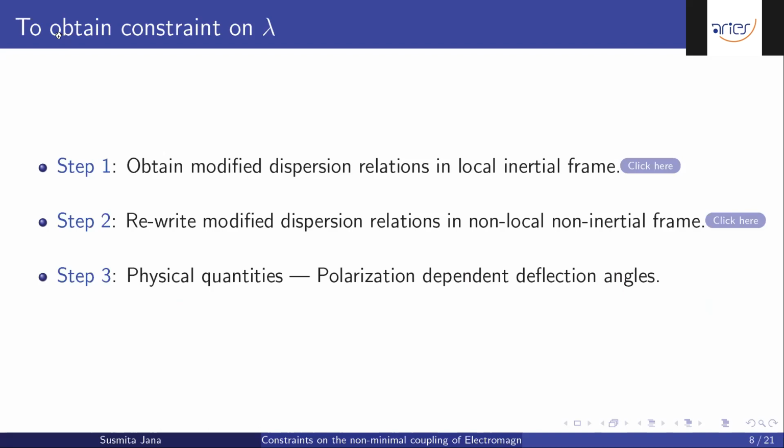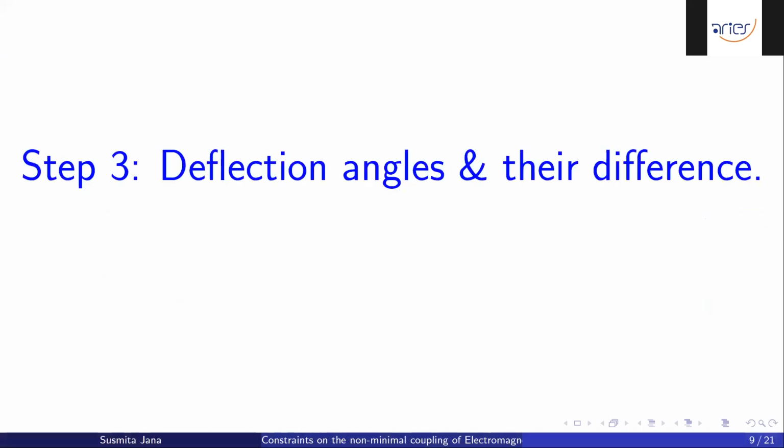To proceed further, I have broken the methodology into 3 steps. First, I obtained the modified dispersion relation in a local inertial frame. Then I rewrote all those relations in the non-local, non-inertial frame. Then I obtained the physical quantities. Here I am skipping the first 2 steps and going straight to the physical quantities that I have obtained.